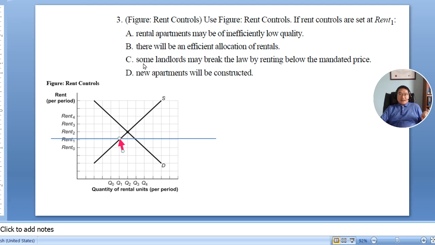Okay. C. Some landlords may break the law by renting below the mandated price. The price is already below the equilibrium price.